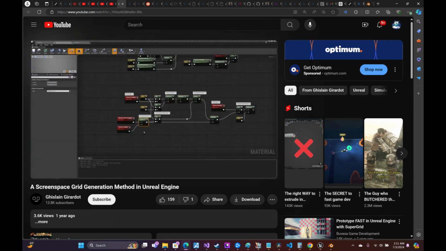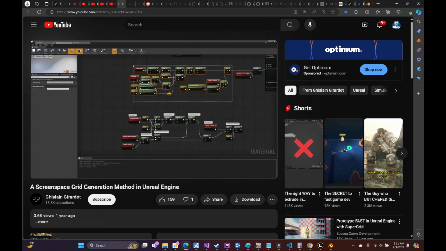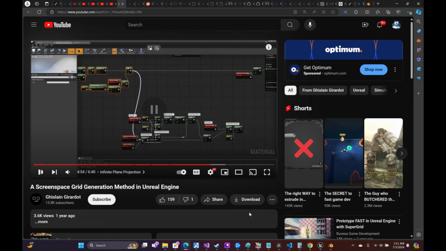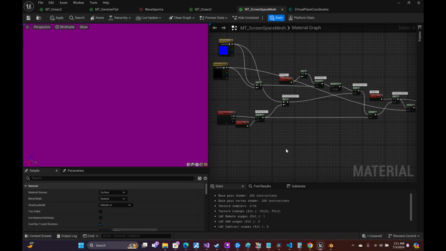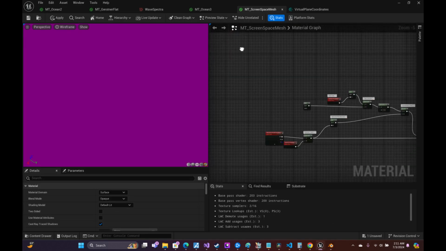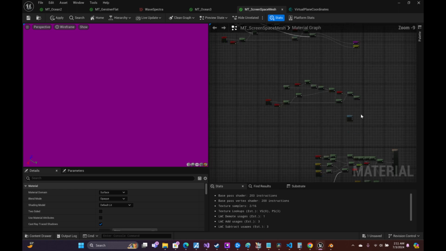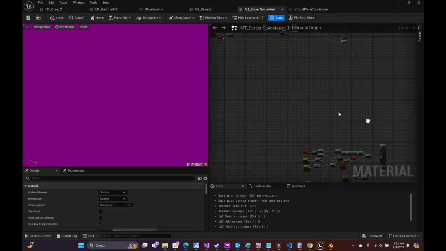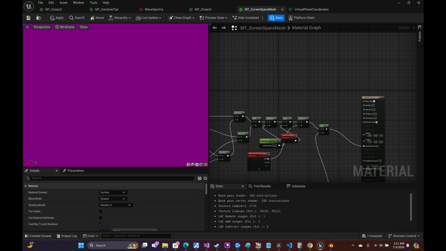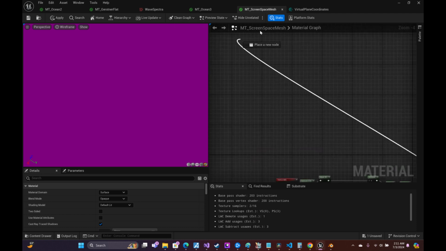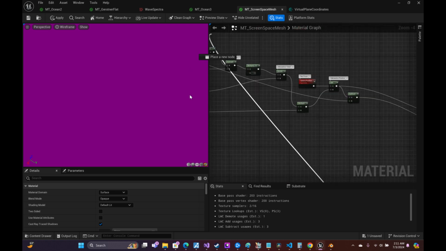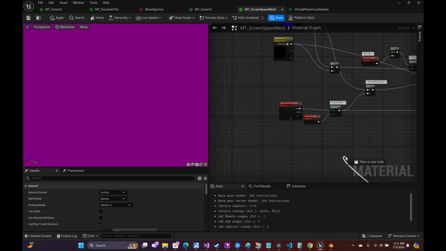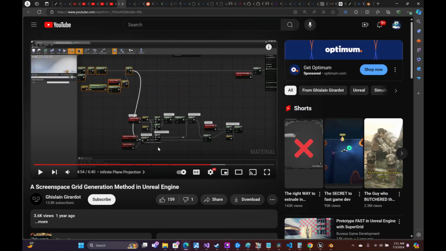Then that direction vector isn't going to be based on the vertice's original world position anymore, but on the screen space position I just built. Okay, that makes a lot of sense. So instead of this, delete this. Hang on, let's see where he hooks it up real quick.